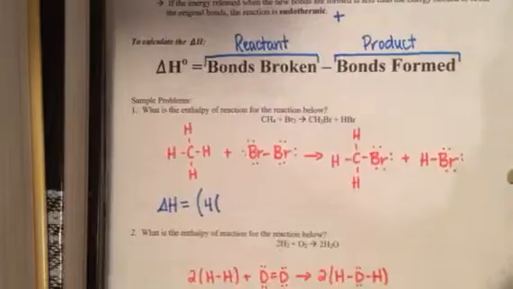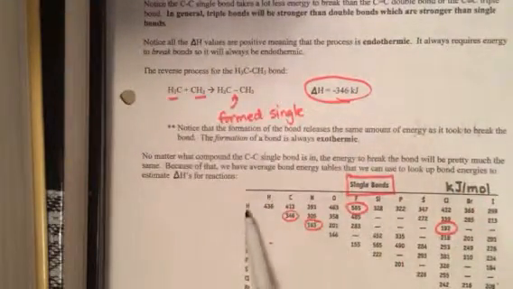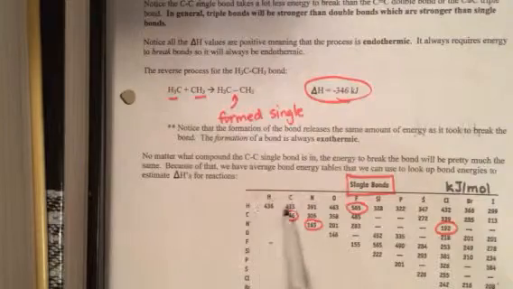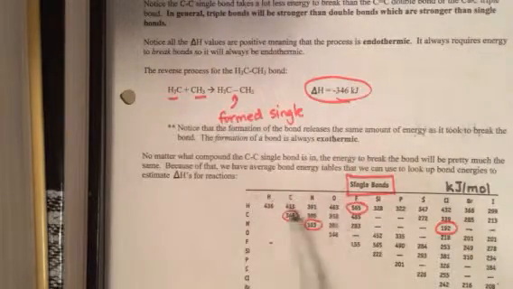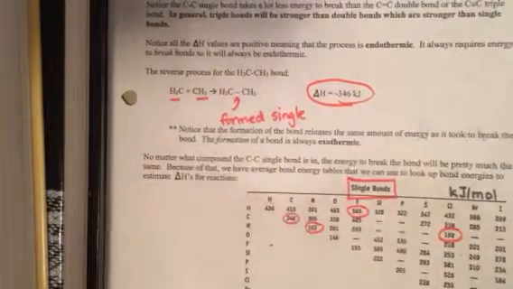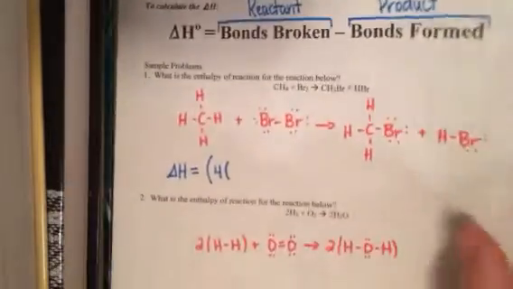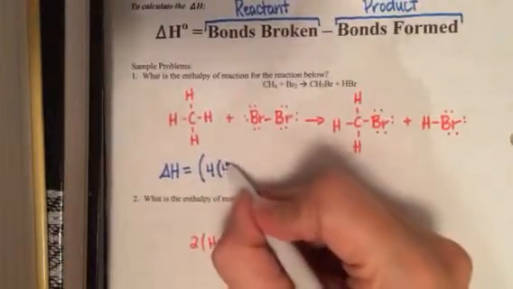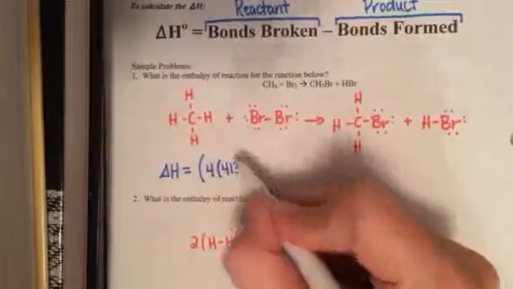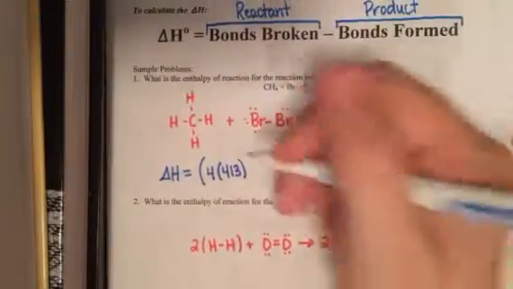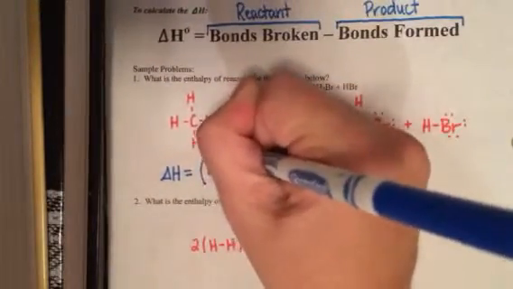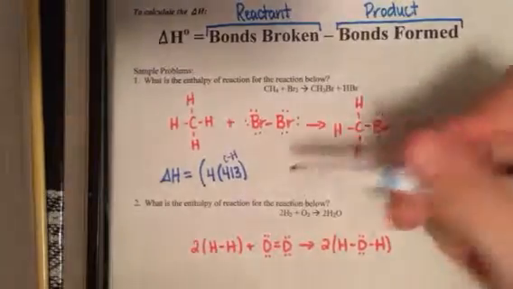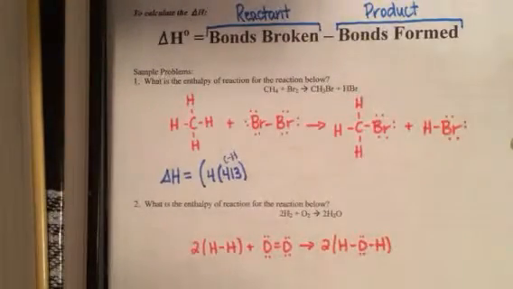If you flip over to your table on the other side, we find carbon-hydrogen bond energy is 413. You see right here and right here. So we're going to have to do 413 4 times in order to break up that whole methane molecule. This represents the carbon-hydrogen bond, and then the 4 represents how many we have of them.